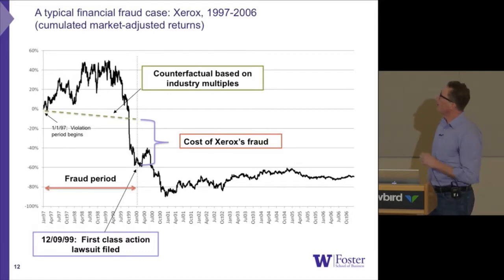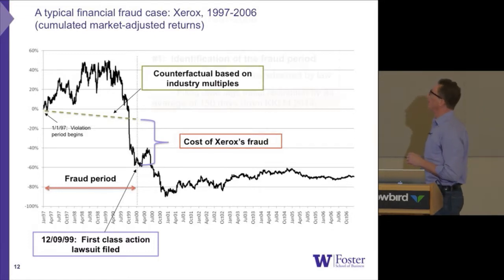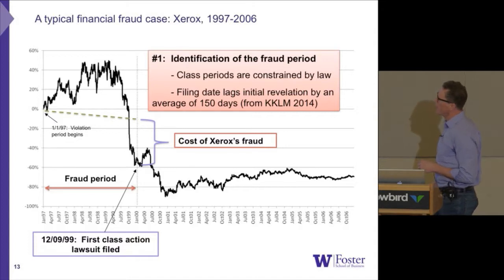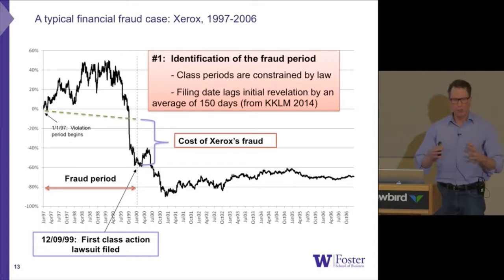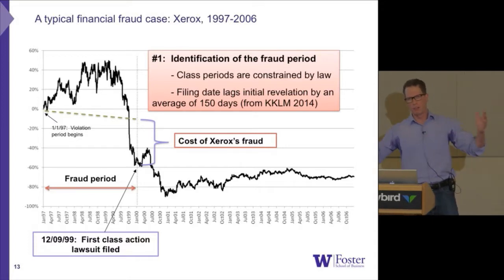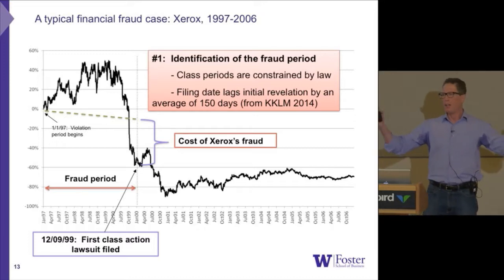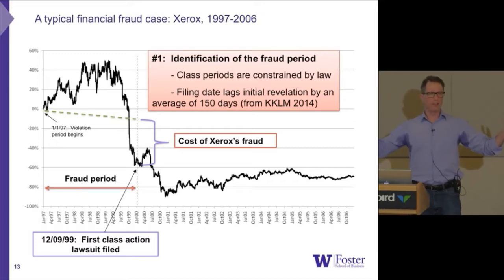But what's going on here? Well, it turns out that there's first an identification of the fraud period issue. So both the beginning and the ending dates for this fraud period are going to be affected by institutional factors.